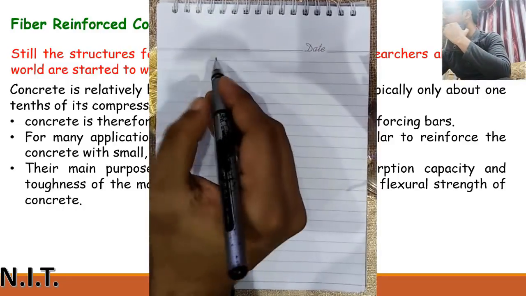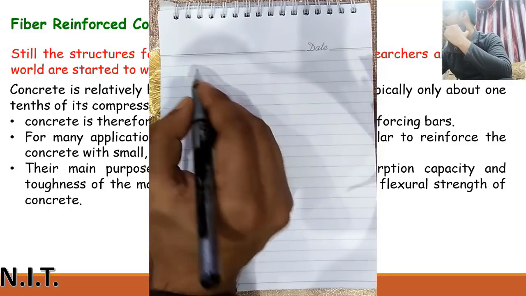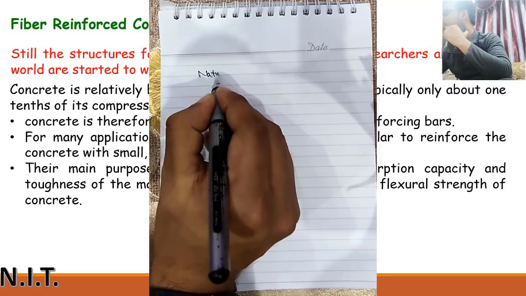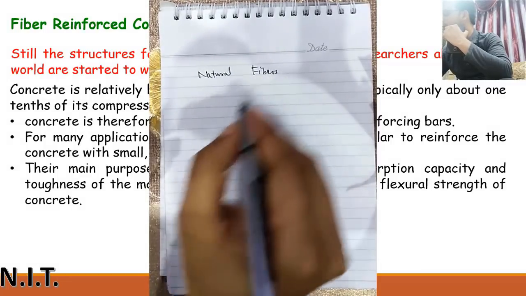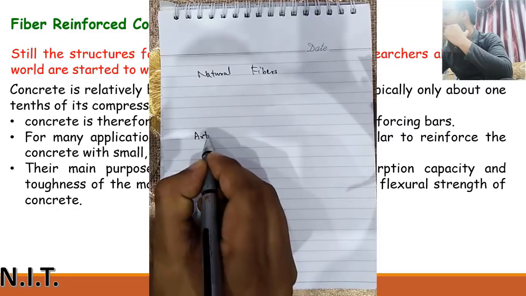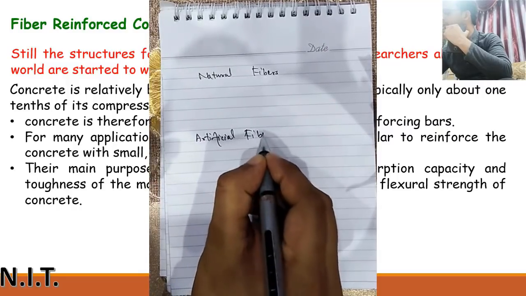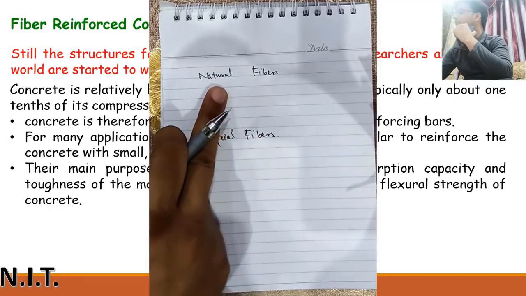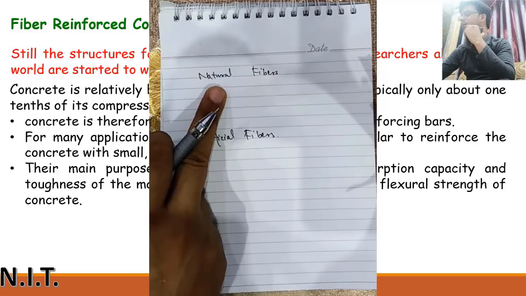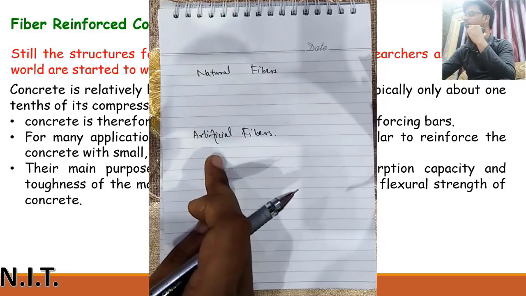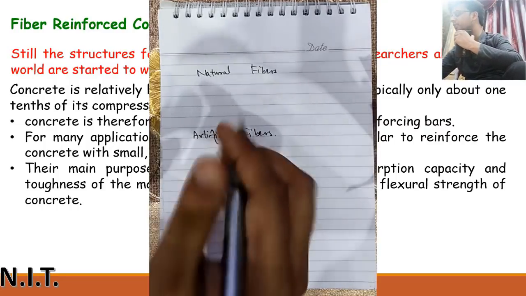There are two types of fibers available: natural fibers and artificial fibers. Natural fibers are those which are abundantly available in this world. Artificial fibers are made by human beings or any kind of machinery.